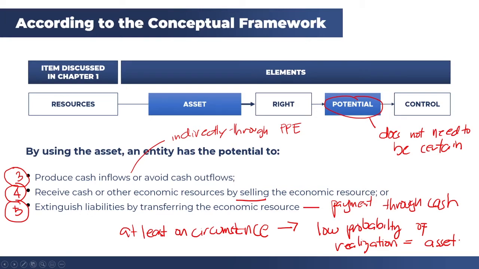it out there that it does not need to be 100% certain that the particular asset is going to produce economic benefits for you. For example, I think the perfect example I can think of here is, again, the property, plant, and equipment. You're still recognizing this as an asset because it indirectly produces inventories for you.